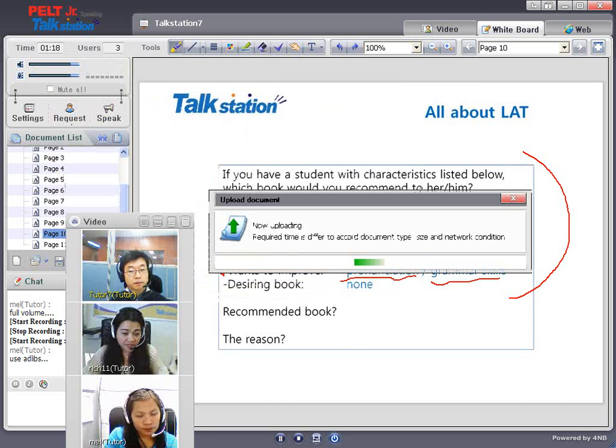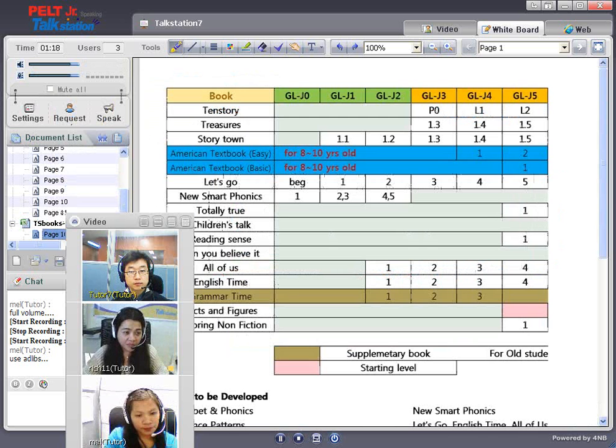Anytime, sir, if ever they happen to recommend Let's Go 1, but as the student becomes confident, sometimes we can assess the student later, not at the first time of meeting.